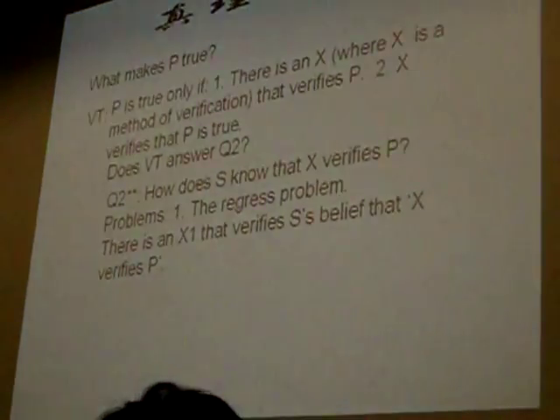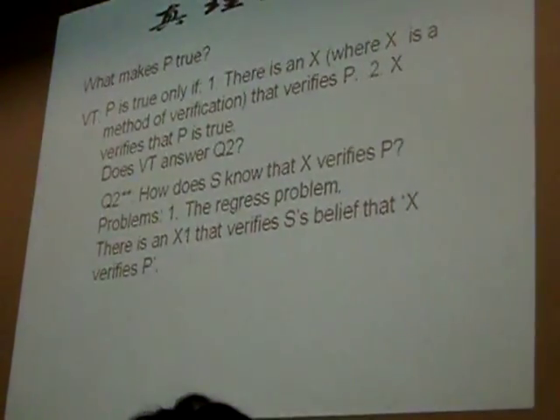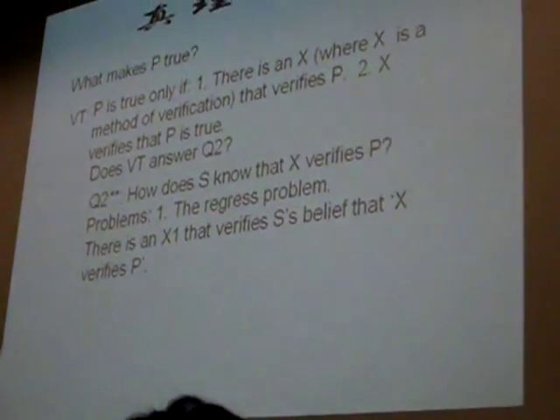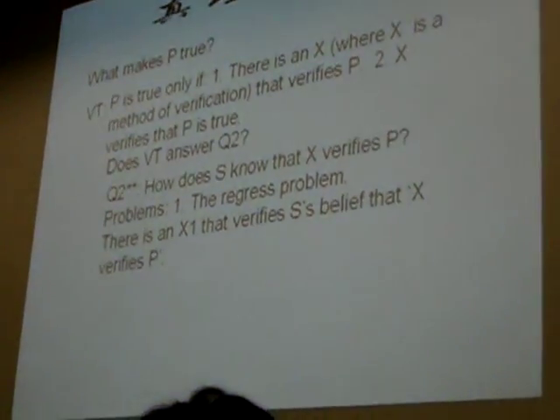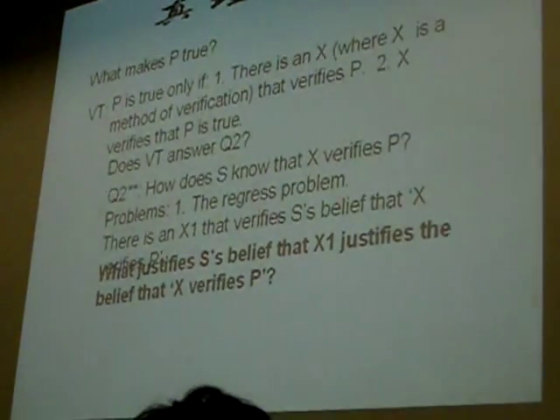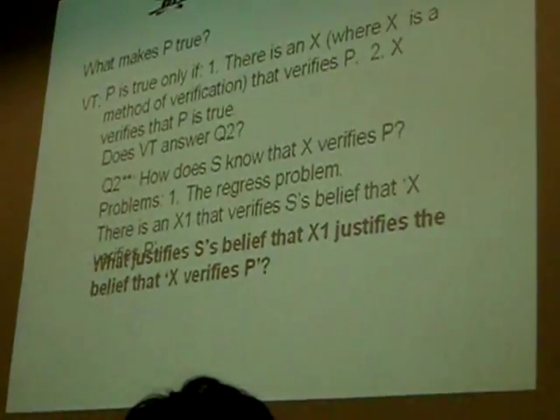Why? Supposing that proponents of VT claim that there is an X1, where X1 is another method of verification that verifies S's belief that X verifies P. That merely begs the question, what justifies S's belief that X1 verifies that X verifies P? And it doesn't end.